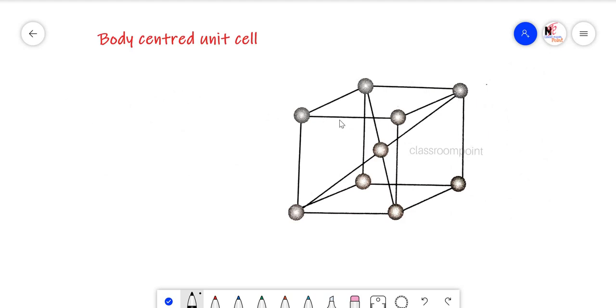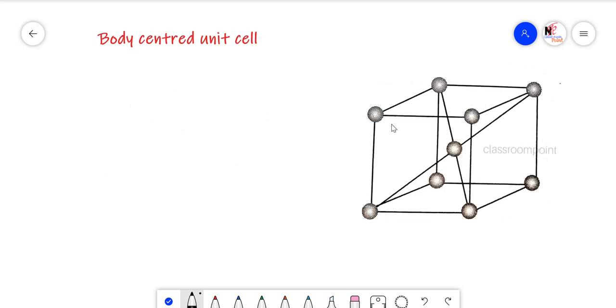So now let us discuss the effective number of atoms in the body centered unit cell. The body centered unit cell has atoms located at the corner positions and at the center of the body of the cube. So these are all corner positions, 1, 2, 3, 4, 5, 6, 7, 8 corners, and 1 atom at the body center.